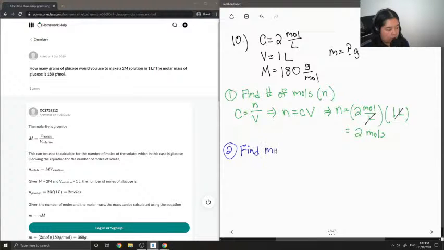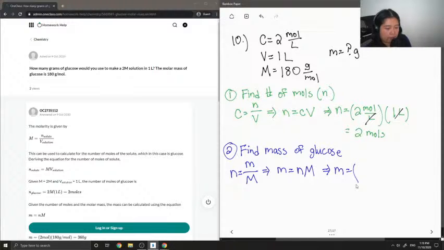So step 2 is simply just find the mass of glucose. And we can do this using the equation number of moles is equal to mass over molar mass. So again, I'm just going to rearrange this equation so that we're solving for mass. And it's simply just the number of moles times the molar mass.